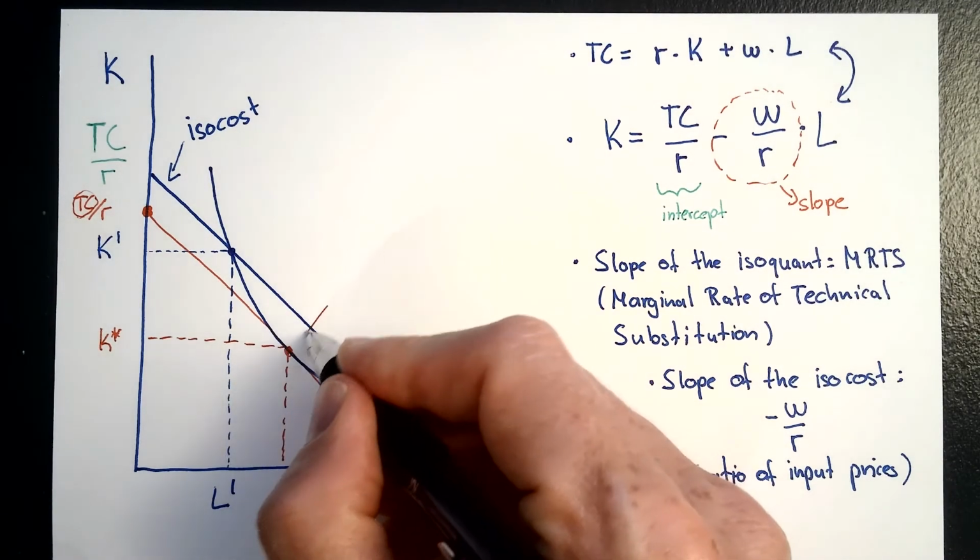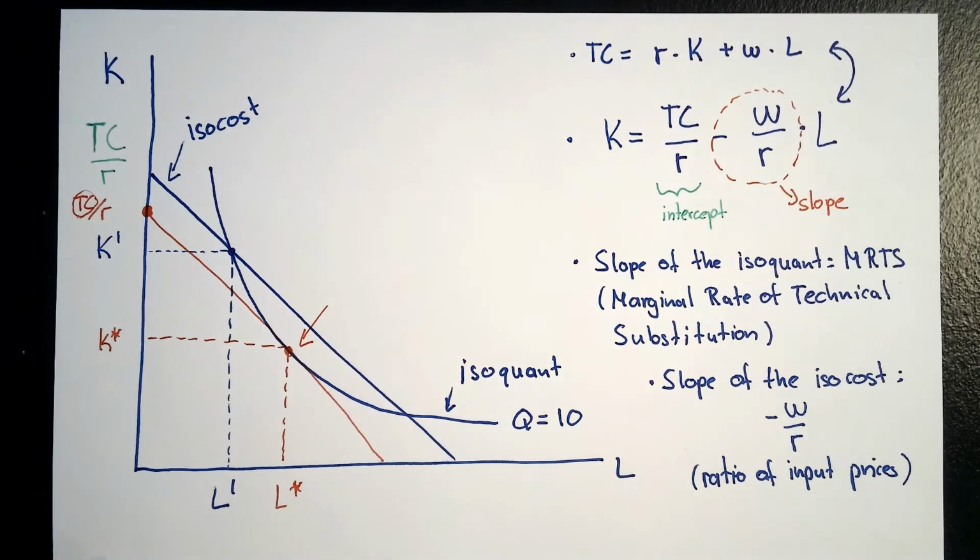Now, what are the characteristics of this particular point here?